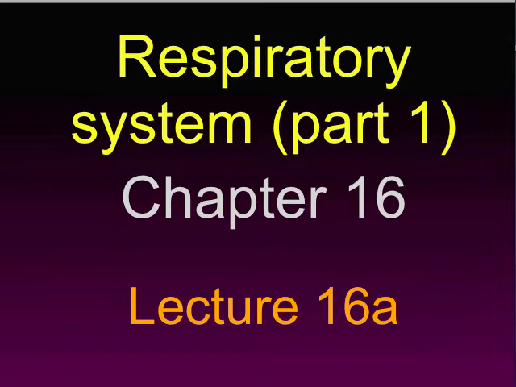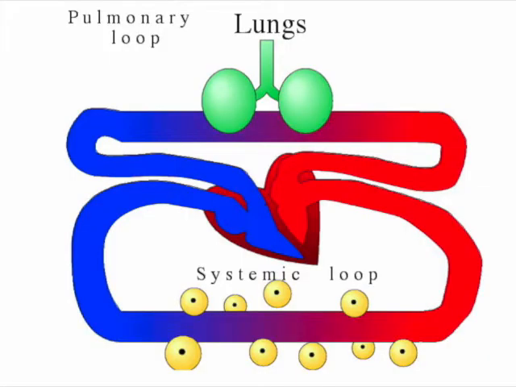Before we jump into the respiratory system, let me first briefly review the two loops of the cardiovascular system. So if that's the heart there, and these are the lungs, there's a part of the cardiovascular system called the pulmonary loop, where the blood comes out of the right ventricle of the heart, goes to the lungs, and then returns to the left atrium of the heart.